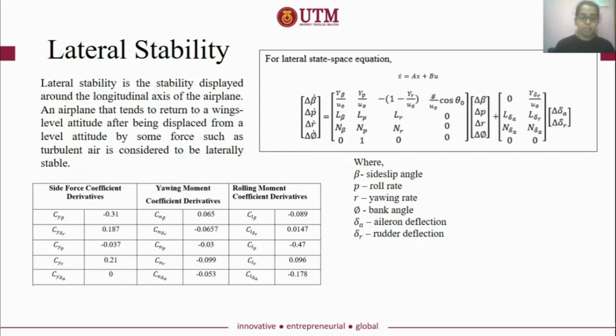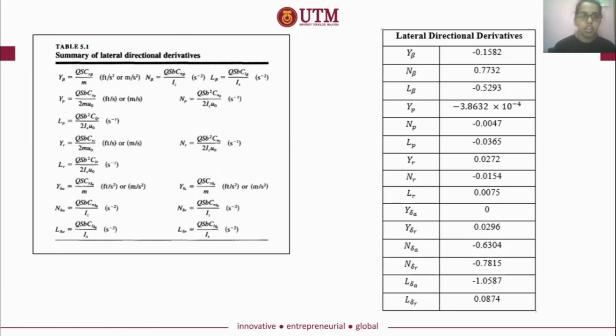the side force coefficient derivatives, the yawing moment coefficient derivatives, and the rolling moment coefficient derivatives, which are displayed in the table on the left-hand side. These values are obtained from the Cessna 172. I have made some adjustments and assumptions for the UAV based on the Cessna 172. After obtaining these values, we can substitute them into the lateral directional derivatives.